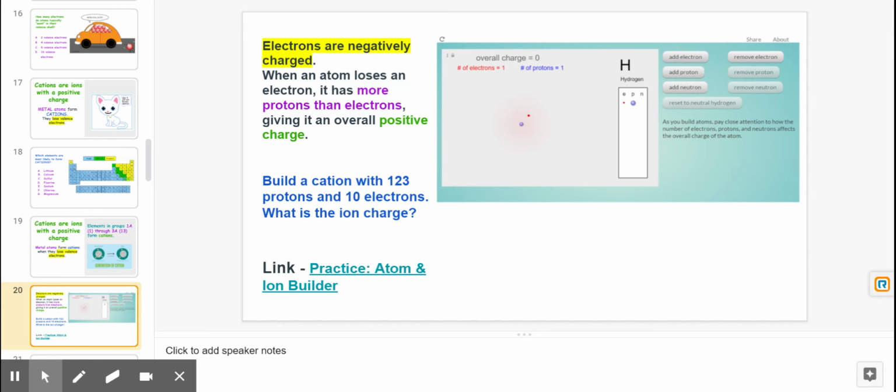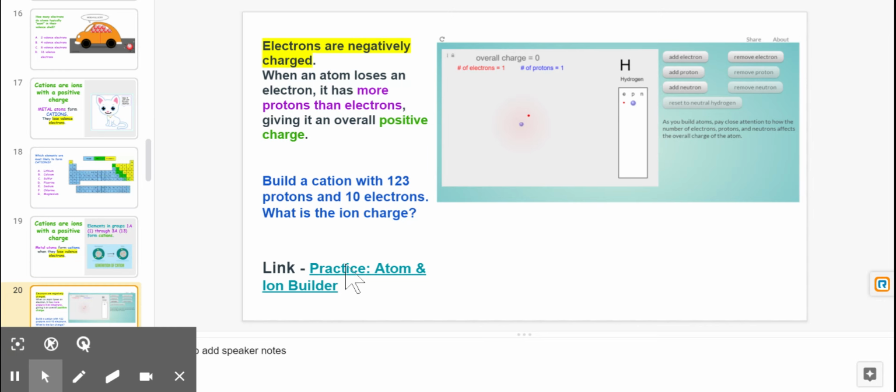There is an ion builder activity, a simulation in week 4, that will allow you to practice this idea and see what happens when you take away or add electrons. It will help you convince yourself that when you lose electrons, you become positive, and when you gain electrons, you become negative.